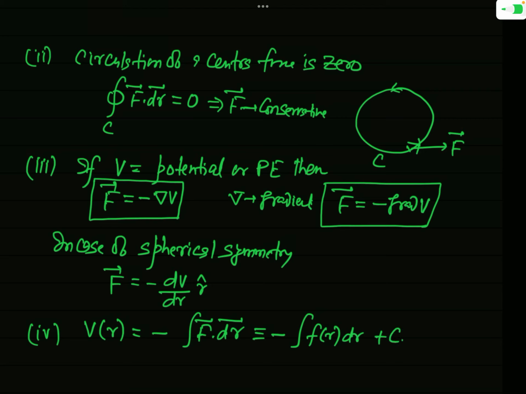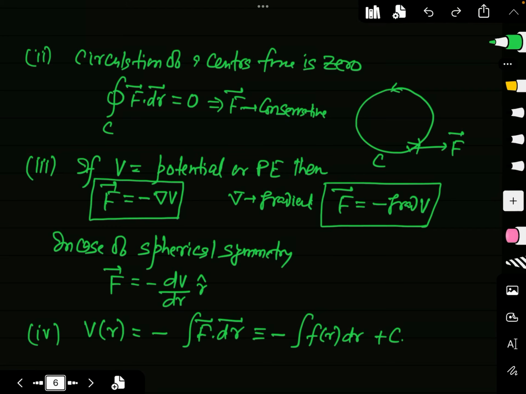Actually, the value of this integration constant is obtained by using the initial condition, or you can say the boundary condition. So this C is found by using the boundary conditions.